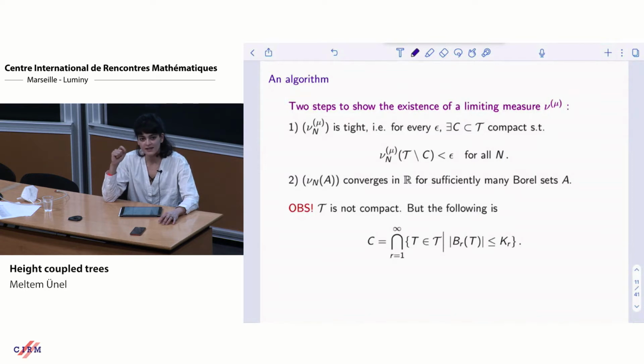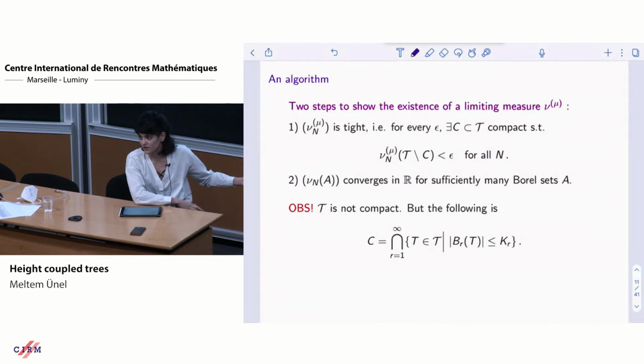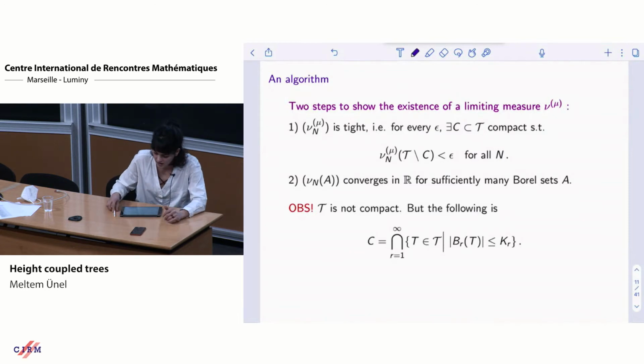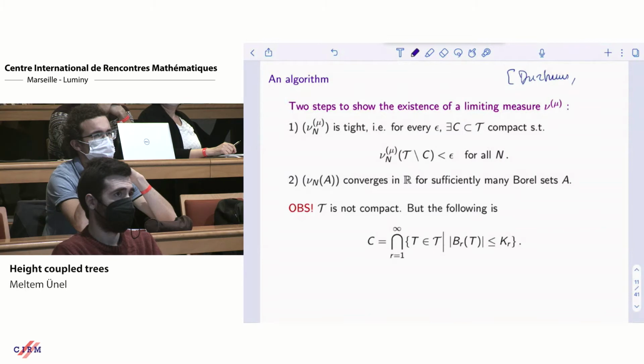So the technique that I want to use is slightly different. I want to use a slightly different algorithm to show the existence of the local limit. For the uniform infinite planar tree, it is done in this paper by Durhuus from 2003.